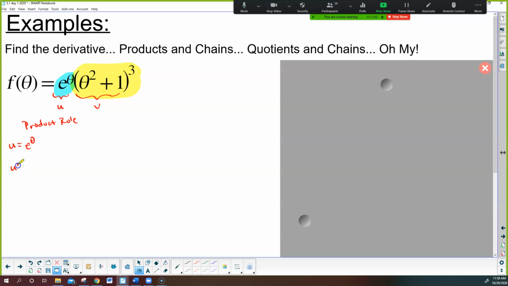And this is where I would like you to set up the product rule the same way we did when we first learned it. Think of this as side work.